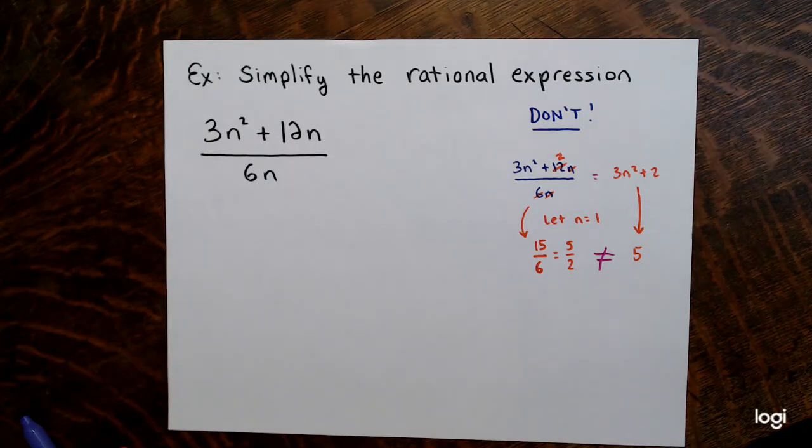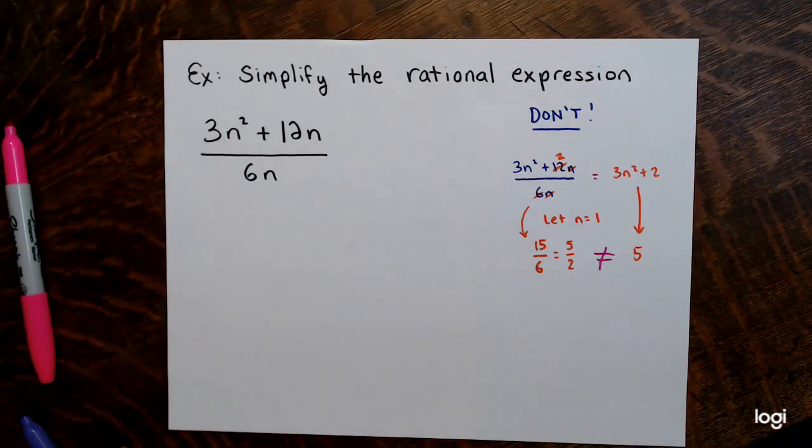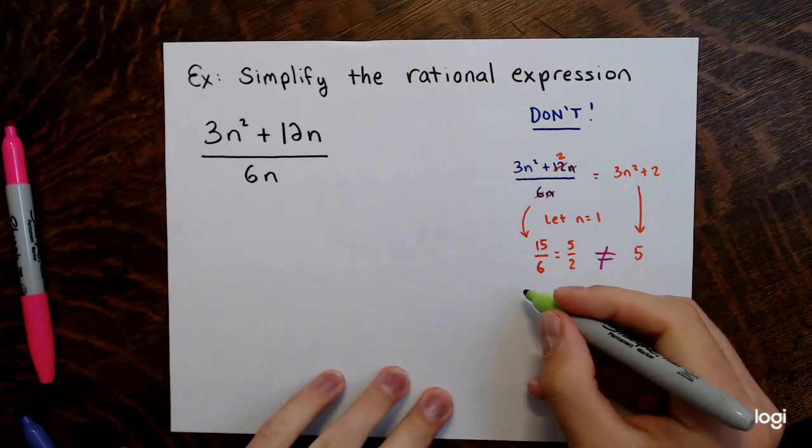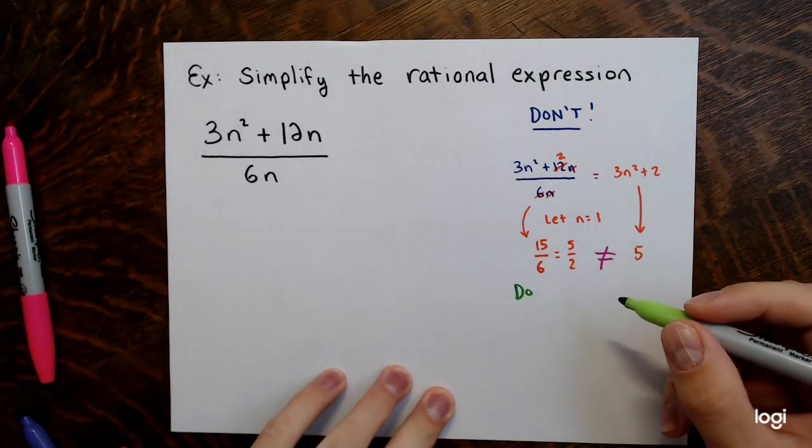And in order for two expressions to be equal, they must have the same value no matter what you plug in for the variables. So my big takeaway is: do not cancel common terms.